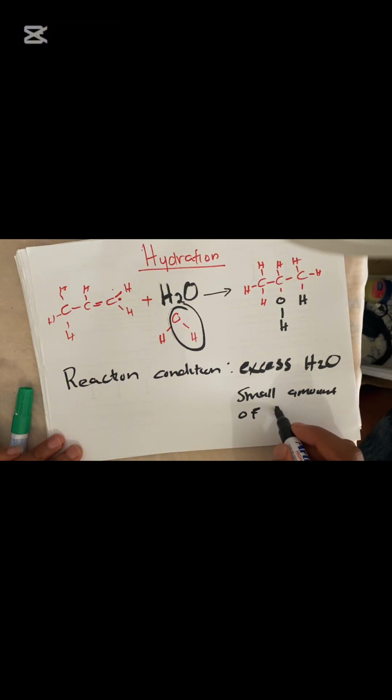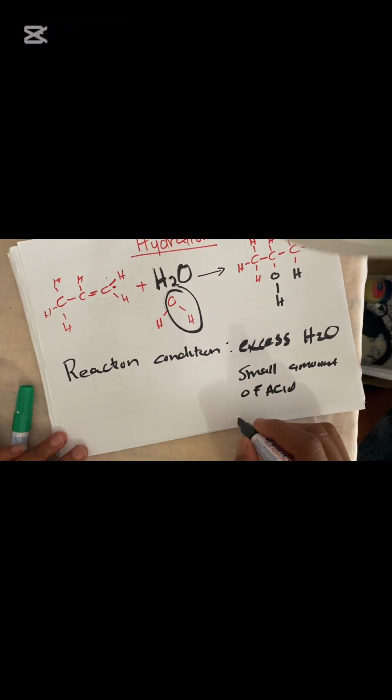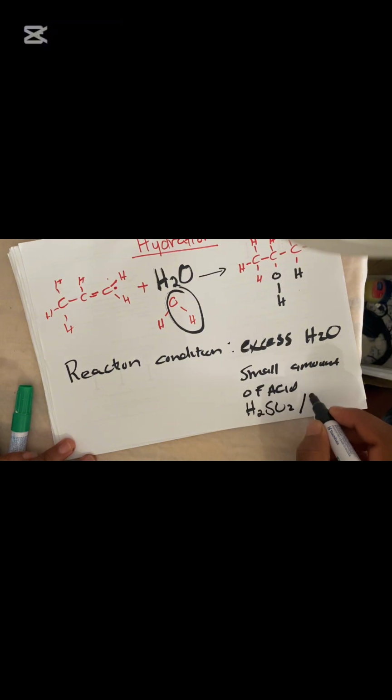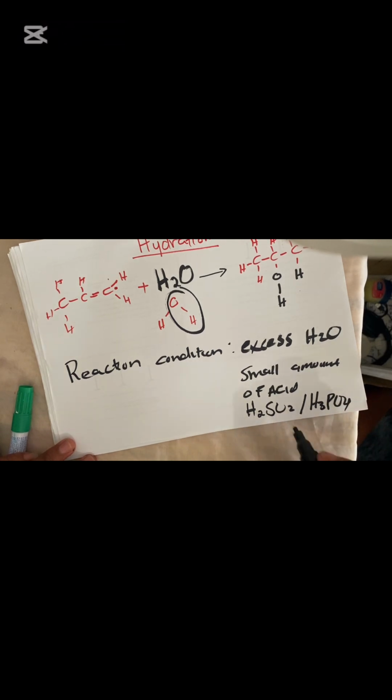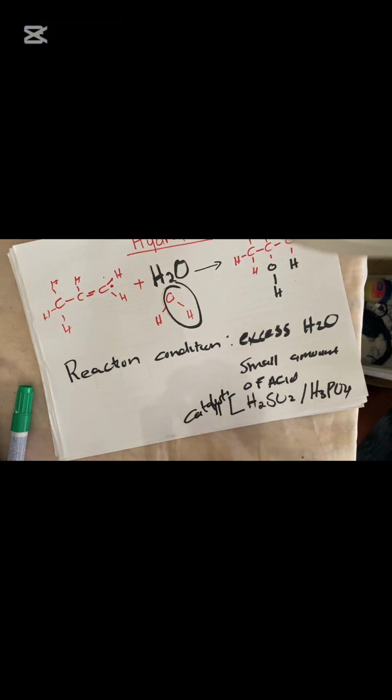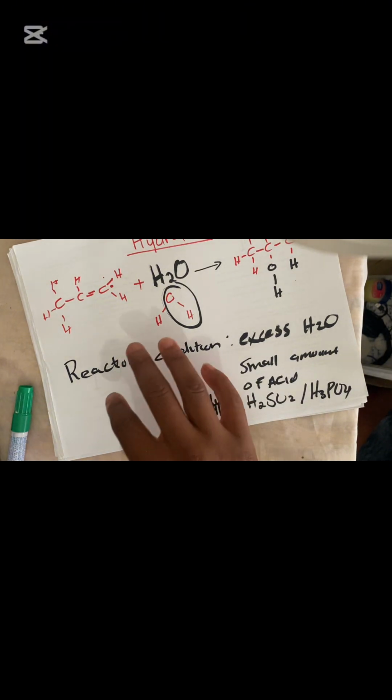The acid can be sulfuric acid, H2SO4, or phosphoric acid, H3PO4, as catalyst. In this case, the acid acts as the catalyst. Now that's our second addition reaction.